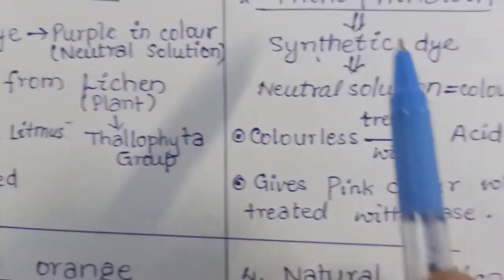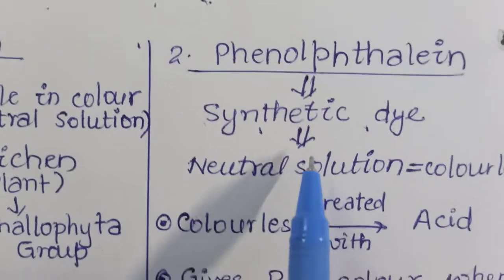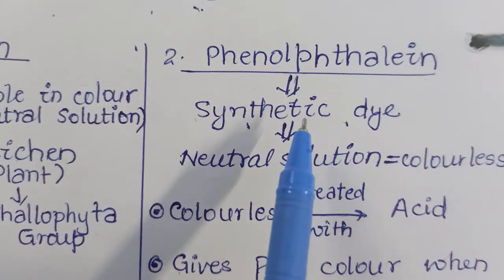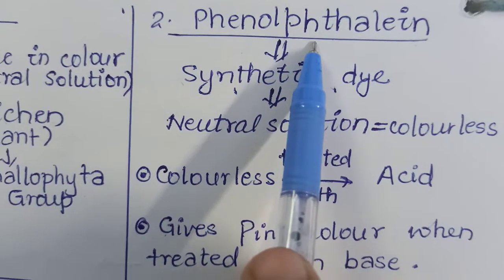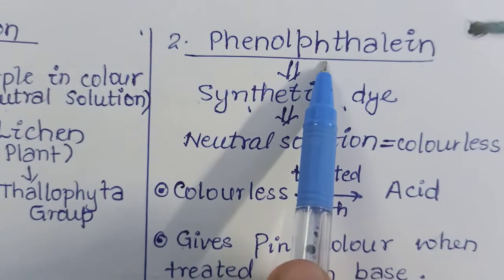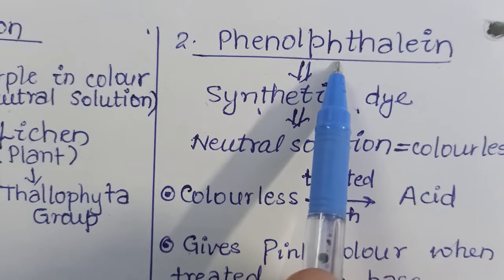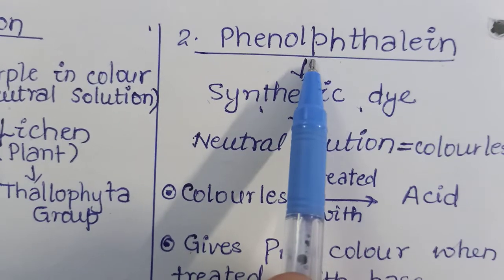Now the second example of an acid-base indicator is phenolphthalein.